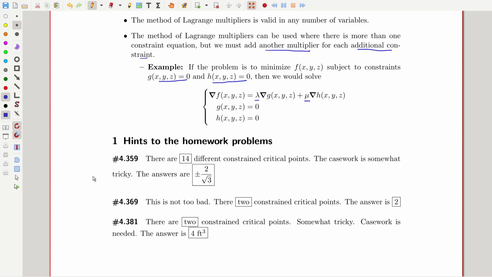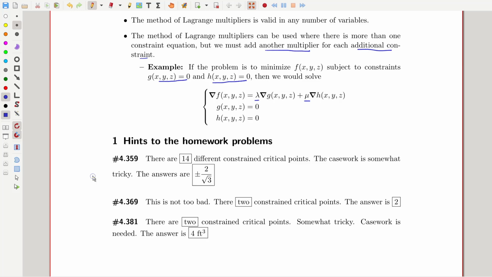These problems are computationally, well, maybe not computationally, but they're tricky in the sense of doing the casework. It's a bit hard to keep track of the line of reasoning, so I've done my best to make it make sense, but it involves casework, and you have to carefully keep track of things.